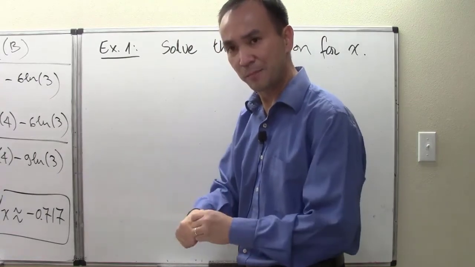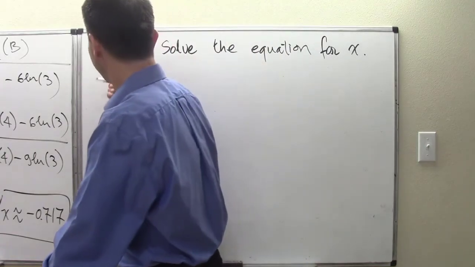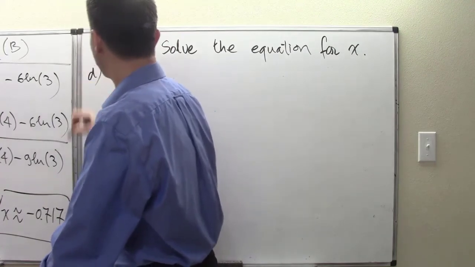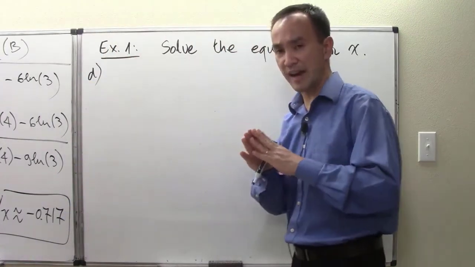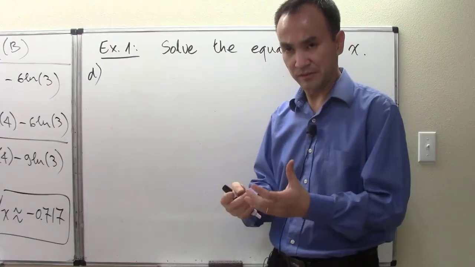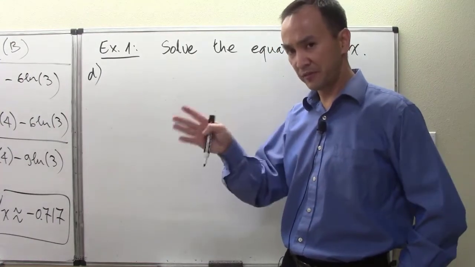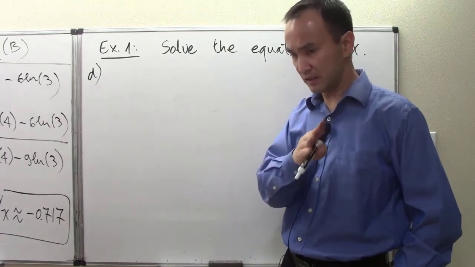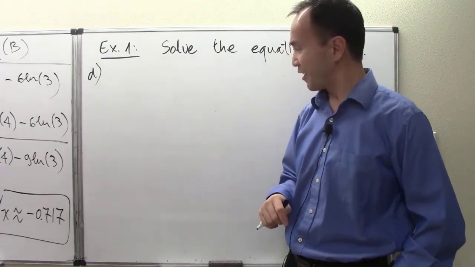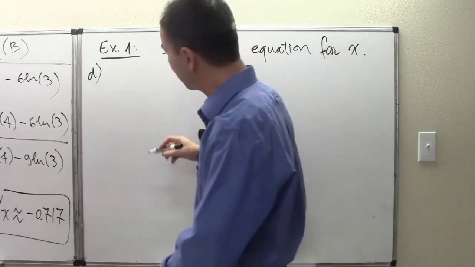All right, so now part D of our example, and this is the last one in example 1 right here, where I introduced how we use a logarithm in solving a lot of different situations in an exponential equation. Okay, so part D of our example.